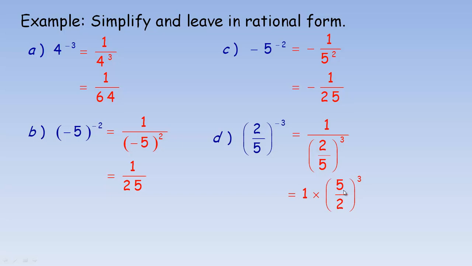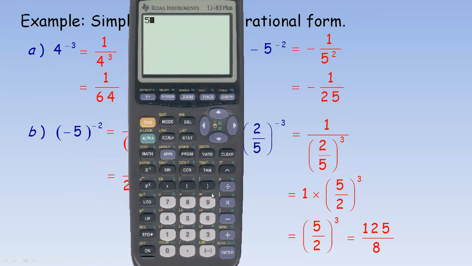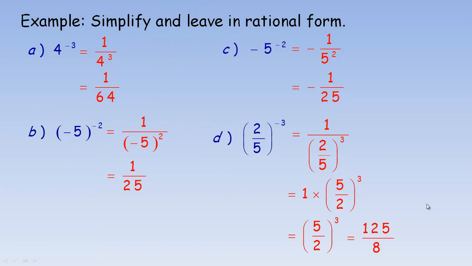And 1 times this is the same as just evaluating the 5/2 to the power of 3. That power of 3 means I'm going to cube the 5 on top and cube the 2 in the denominator, and I would get 125 over 8. Just to demonstrate, 5 raised to the power of 3 is the 125, 2 raised to the power of 3 is the 8 in the denominator, so that's 125 over 8.